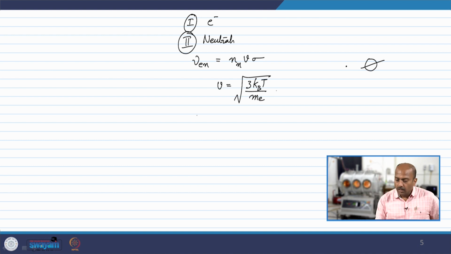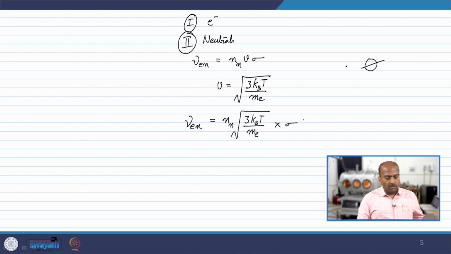So, we can write the collisional frequency of electrons with the neutrals as Nn multiplied by square root of 3 kB T by me multiplied by sigma. Sigma is the cross section of the neutral atom.